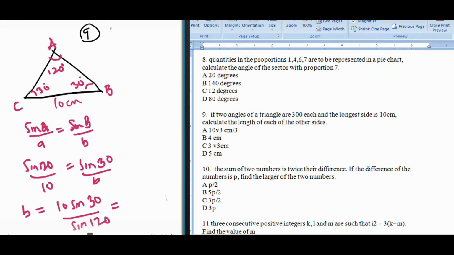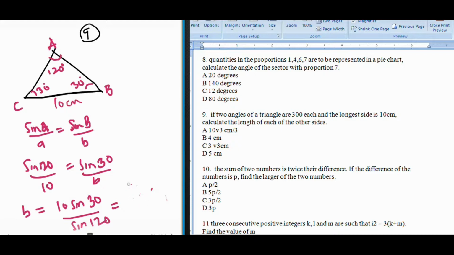Now rearranging this, we have root 3 over 20 equal to 1 over 2b. If we cross multiply, 2b root 3 will be equal to 20. Our b will be equal to 20 divided by 2 root 3.